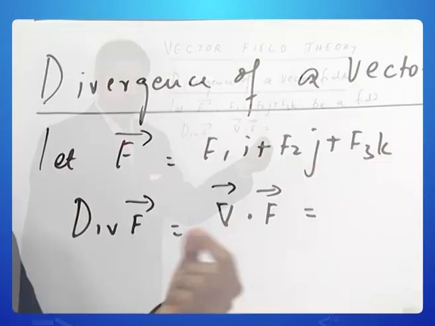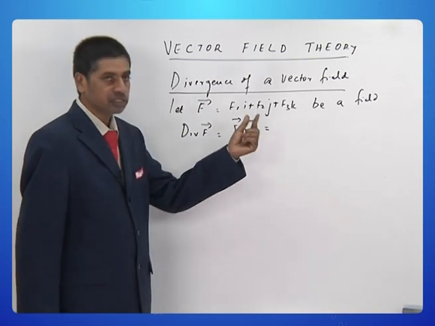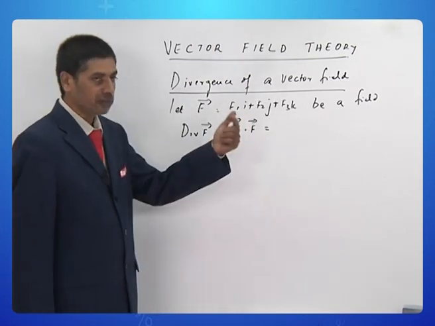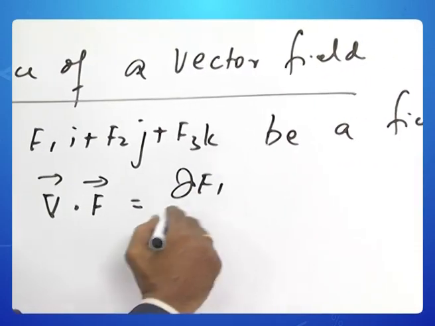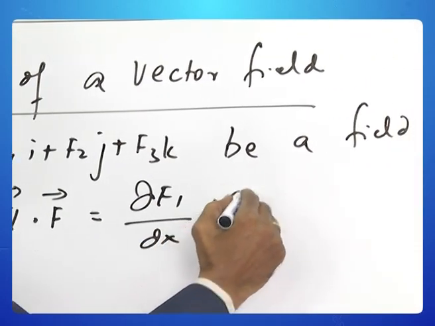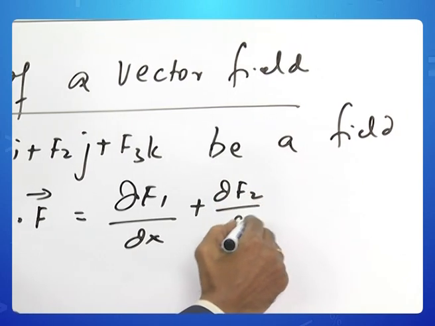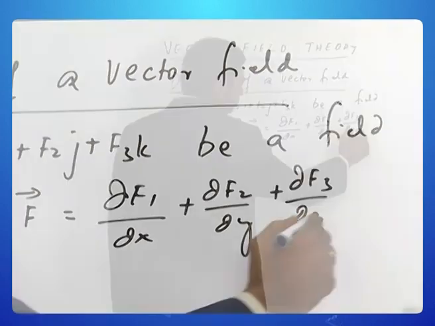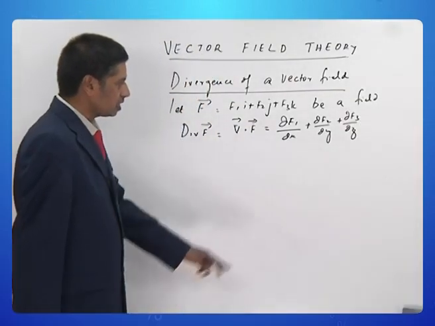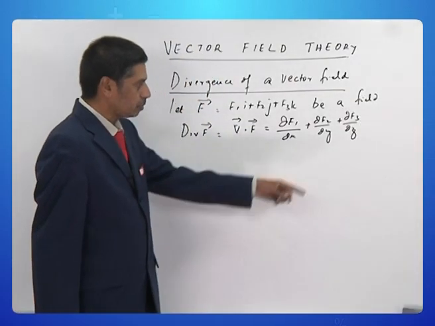Because del contains ijk's, f also contains ijk's, and the dot product should definitely give us a scalar. So, the working formula would be dou f1 by dou x plus dou f2 by dou y plus dou f3 by dou z. Obviously, this is a scalar quantity and there are three possibilities.